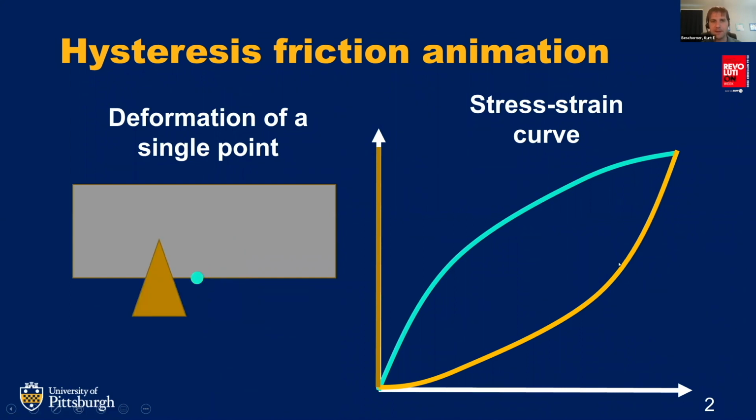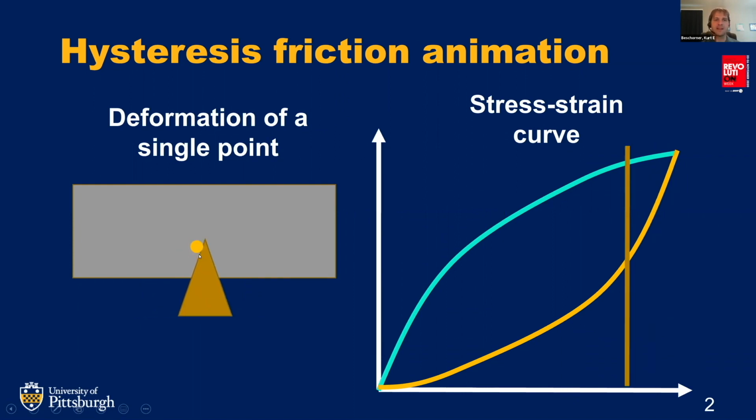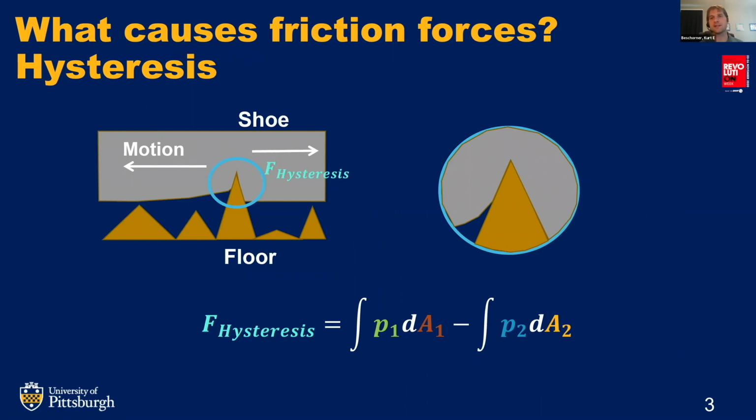I'm going to show you that again. Remember, it takes lots of force to push this piece of shoe material up, and then you only get a little bit of that force back on the other side of what we call the asperity, or the mountain peak. In reality, floors consist of many of these peaks and many of these valleys, and at each one of them, it takes a greater amount of pressure to push in that piece of material than what is returned when the material relaxes.